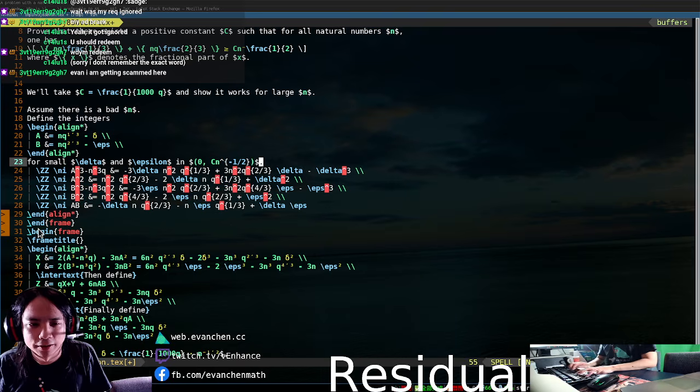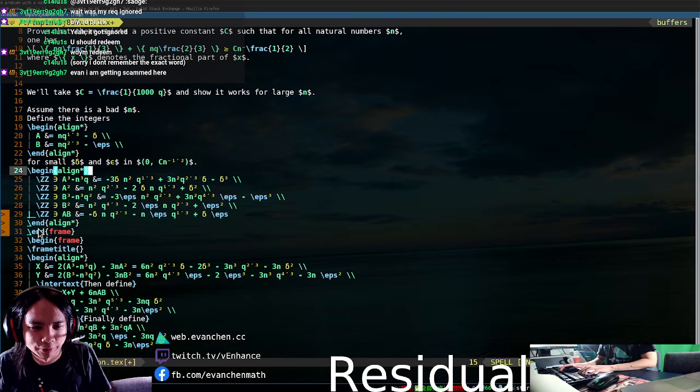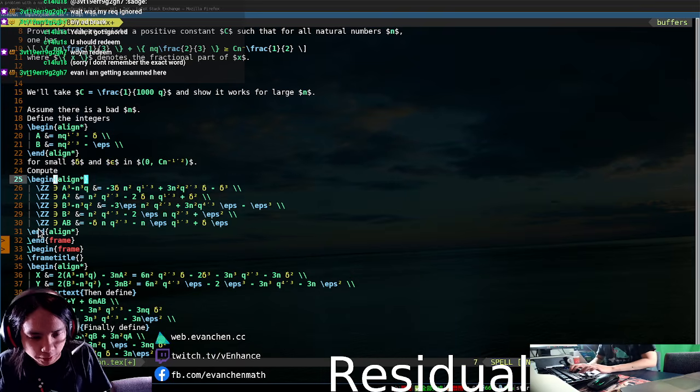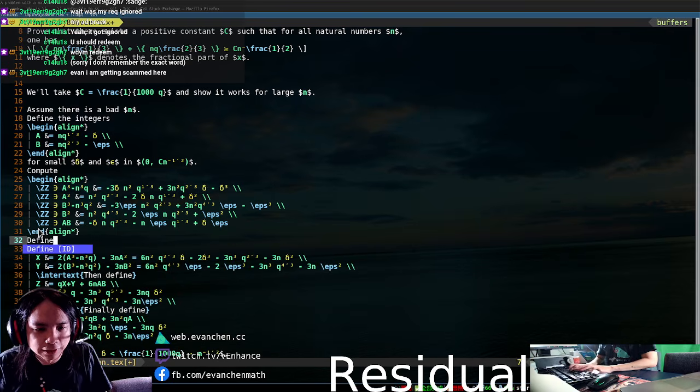Oh, right, yeah, there's an ad break. We'll take the ad break after I finish typing this up, alright? Compute. Define more integers.